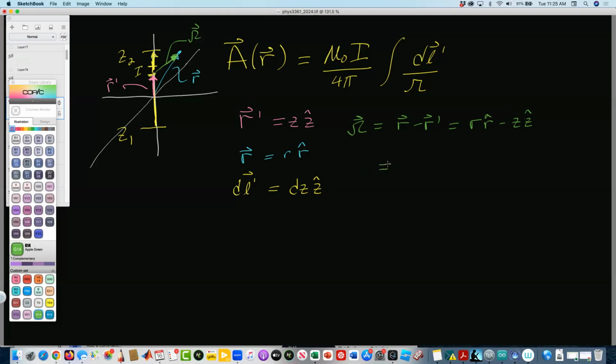Yeah, so I need this to be in terms of x hat, y hat, and z hat because I have that z hat sitting there. Does that make sense? Yes, okay.